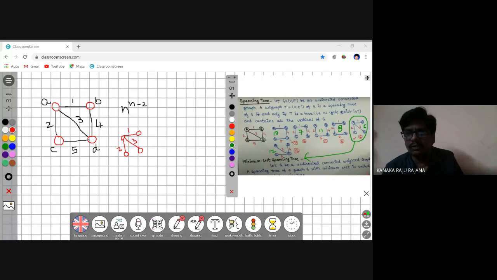Very good. Now, based on this knowledge, today we shall discuss the minimum cost spanning tree using different algorithms. We shall see how to find a minimum cost using Prim's algorithm, and how to find a minimum cost using Kruskal's algorithm.